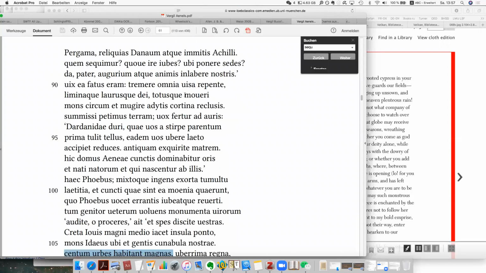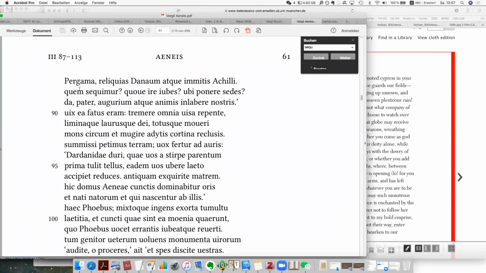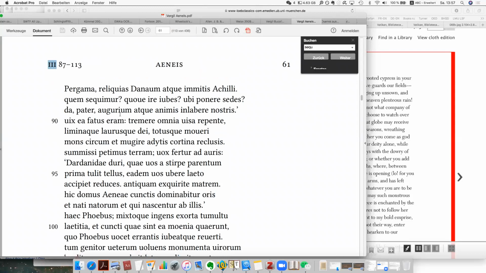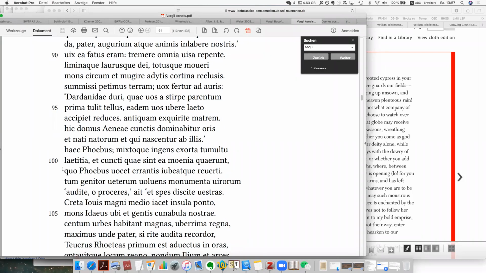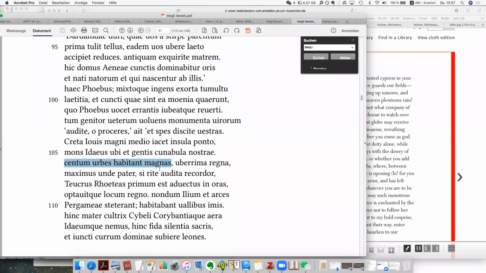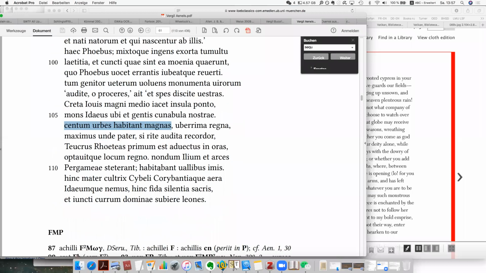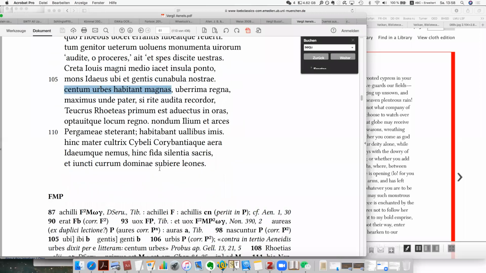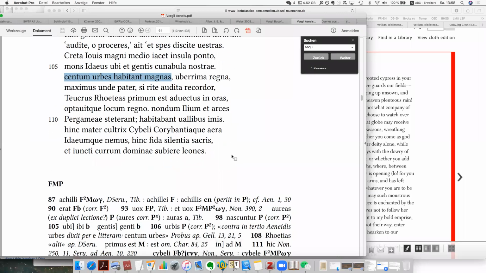This is in the third book, and line 106. Yeah. So "canton urbes habitant magnas". So it's pretty great. We have it also in the text, also in the critical edition.